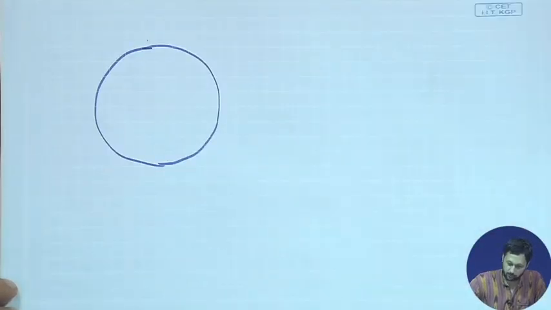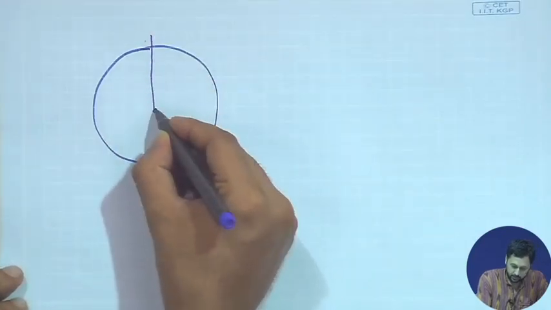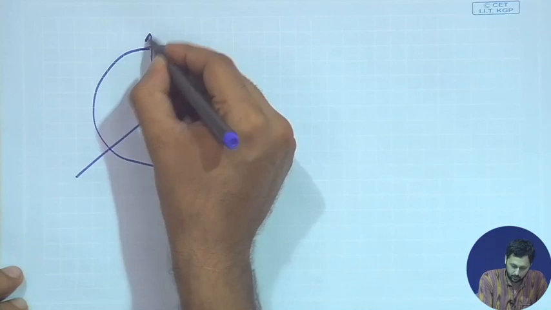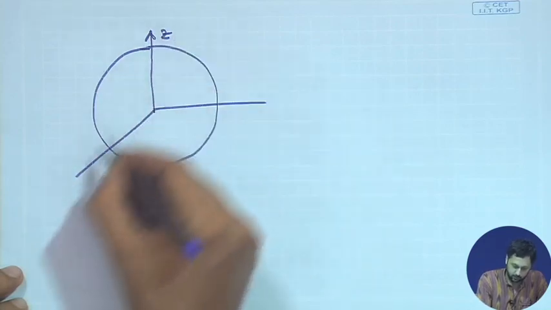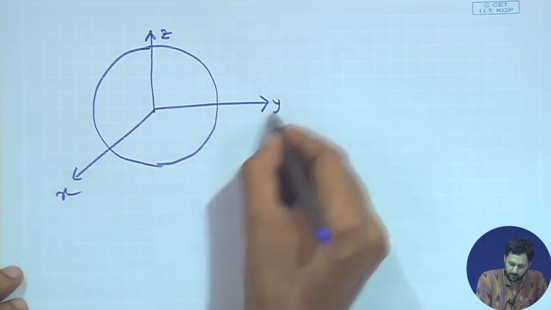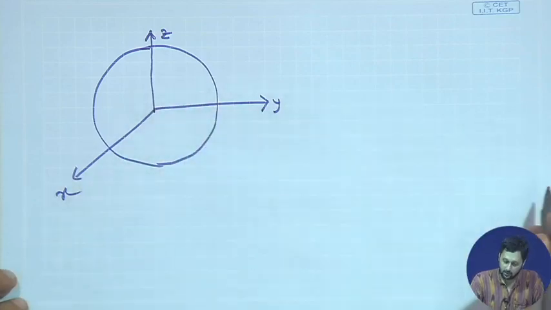I will tell you in a moment. So, let us say this is the geometrical north pole of the earth. It is slightly oblate in shape. So, you have Z, x and y, and please remember that x and y are arbitrary, we can choose them in any two perpendicular directions in this plane, right.